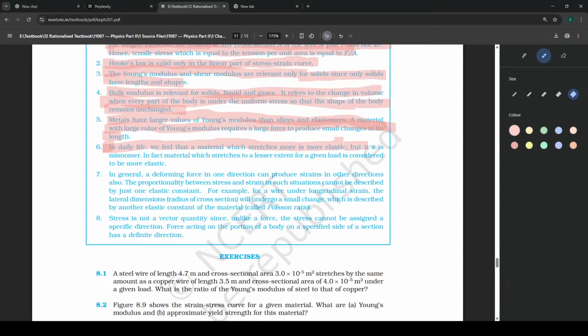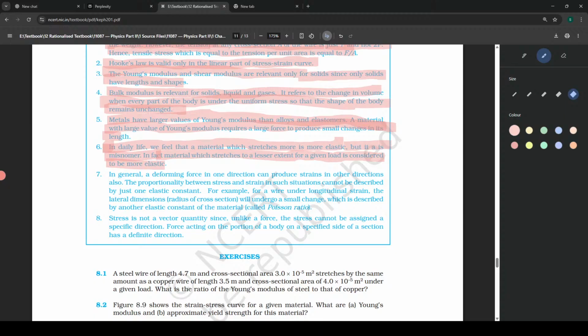It is a misnomer. In fact, a material which stretches to a lesser extent for a given load is considered to be more elastic, like steel. Normally it obviously seems like steel is not elastic at all. But in the more correct way of saying things, the materials which stretch less for larger stresses are said to be more elastic.